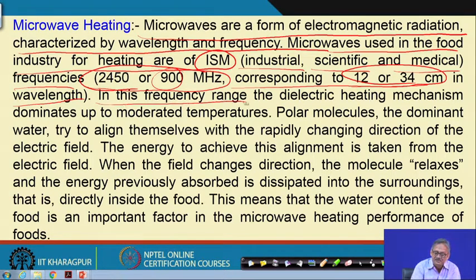In this frequency range, the dielectric heating mechanism dominates up to moderate temperatures.